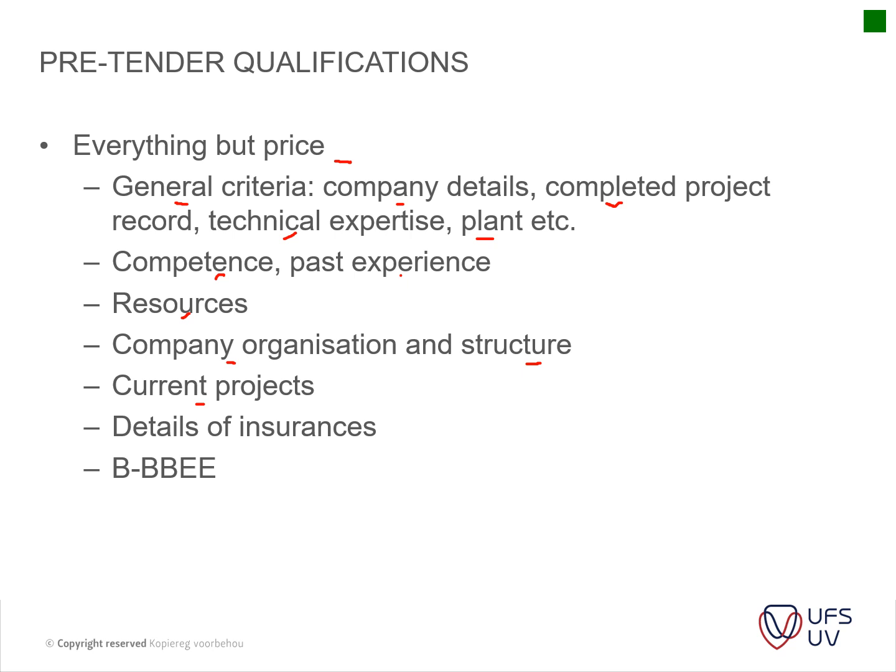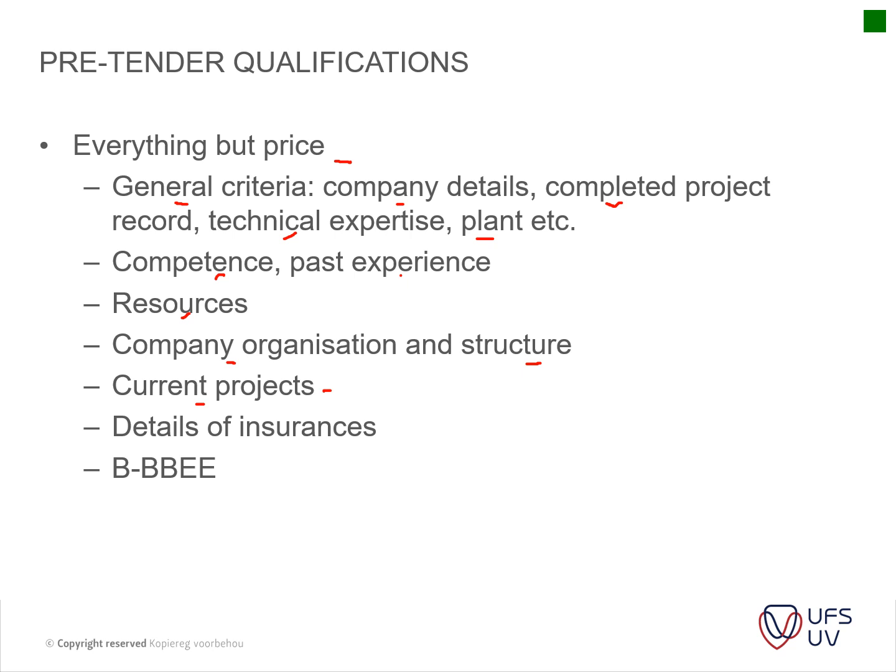This is usually a difficult thing to assess if you're on the consultant side. What you try and do from the consultant side, obviously the contractor will say that he does have the capacity, although you will have to check whether that is the truth or not.